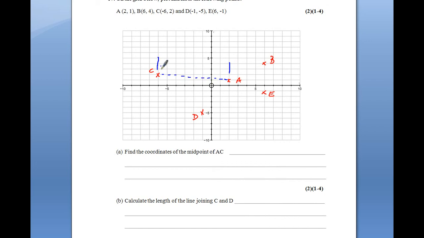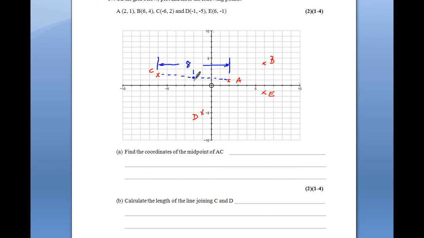Now I can see that the 2 points here, horizontally, are 8 apart. Count it. Check it for yourselves. Pretty obvious if I start at -6 and go all the way up to 2. That means that 4 steps across, I must be exactly in the middle, somewhere here. In fact, it's going to be right here.